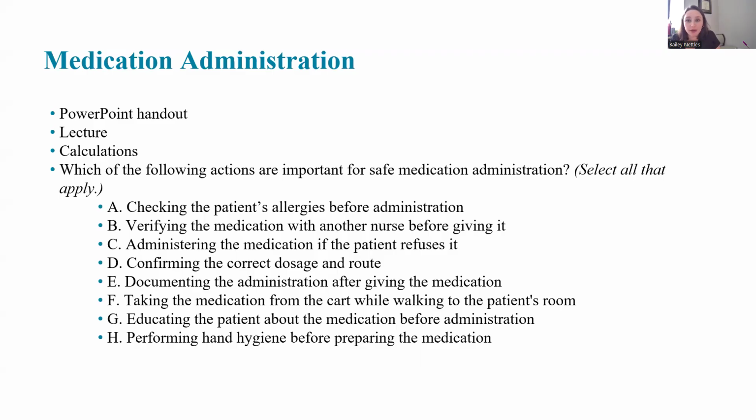The only medications we have to worry about are heparin and insulin. Otherwise, no, we don't have to verify. Administer the medicine even if the patient refuses it. I hope you're not committing battery. That's a no. Confirming the correct dosage and route. That seems important. Yes. Documenting the administration after the medication was administered.